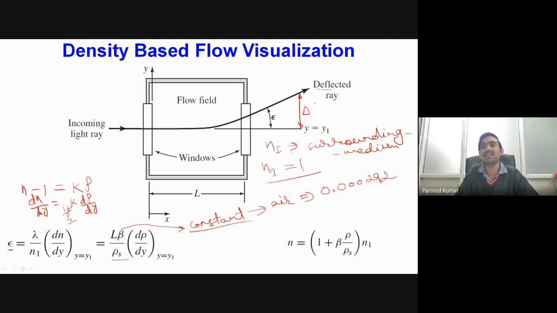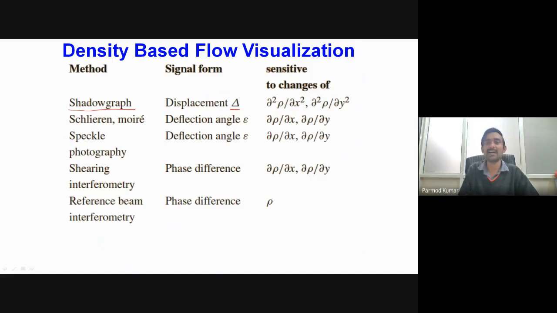Now you can clearly relate the value of this delta by considering the distance y of the screen. While we are measuring delta, it is proportional to del epsilon by dy.